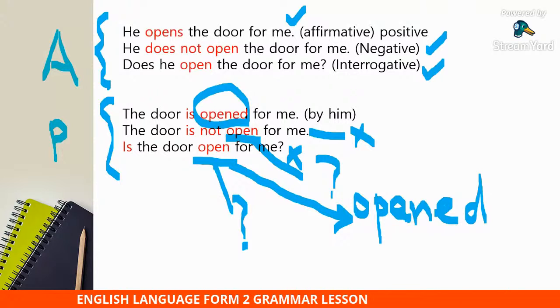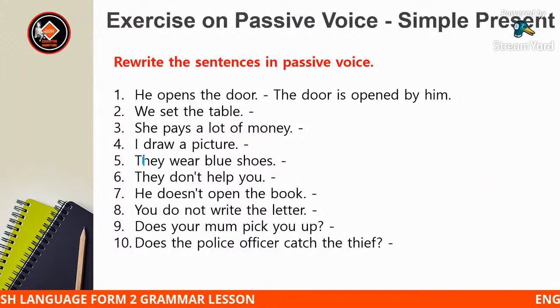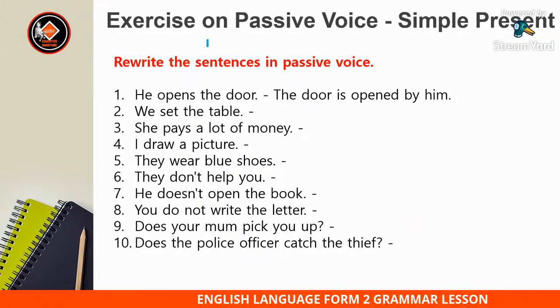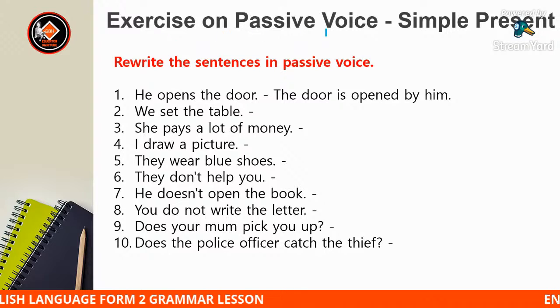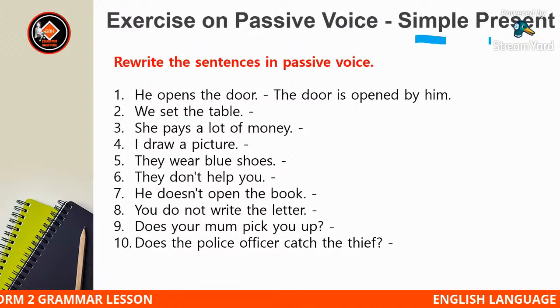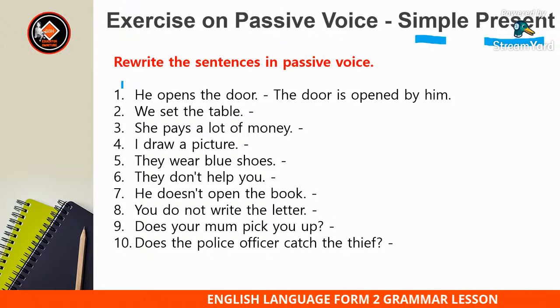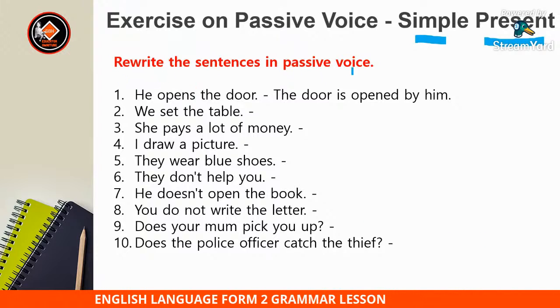Okay, this is the last one. This is the end of our lesson where we're going to write. Okay, I checked the time. It's only 10 o'clock. Okay, never mind. Exercise on passive voice, simple present. So you are going to rewrite the sentences in passive voice.